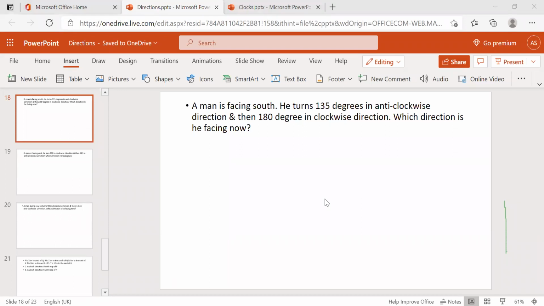The first problem is a man is facing south. So always you need to remember that the side you are facing is nothing but north. This is very important.